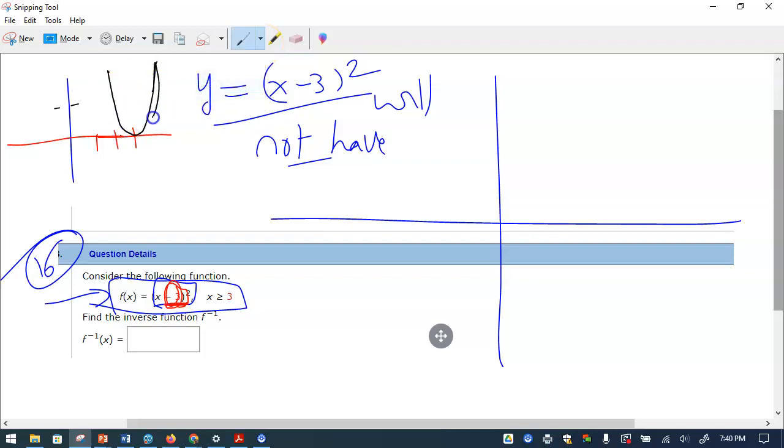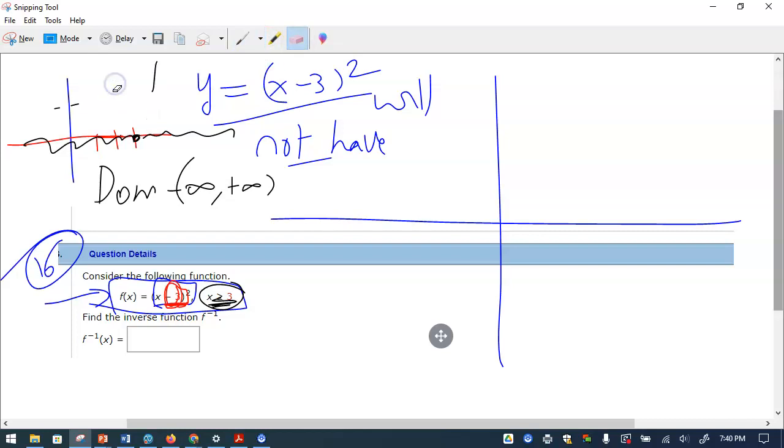Remember, this is the graph, right? So what we do here is the domain is right here. Of course, the domain can be anything, this side and this side. The domain is negative infinity to plus infinity, but you restrict. They restrict the domain to x greater than or equal to 3.